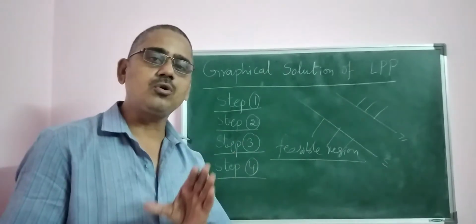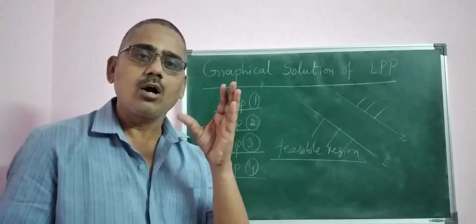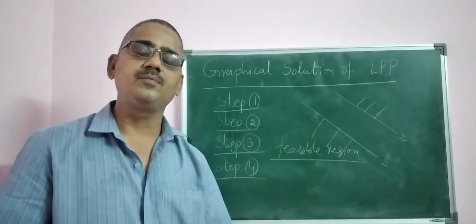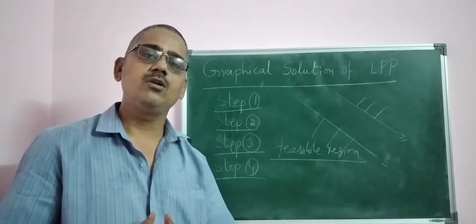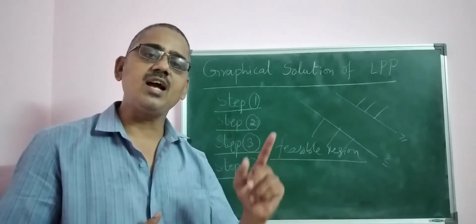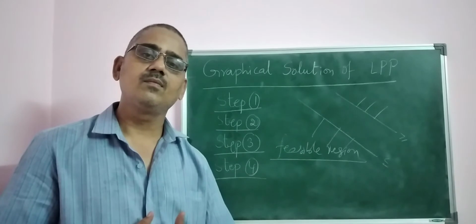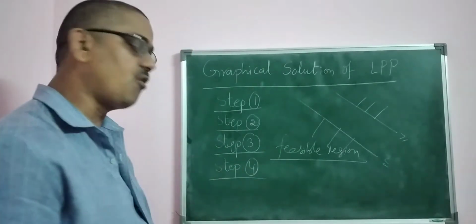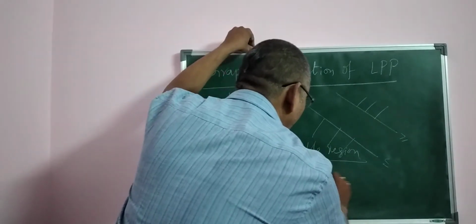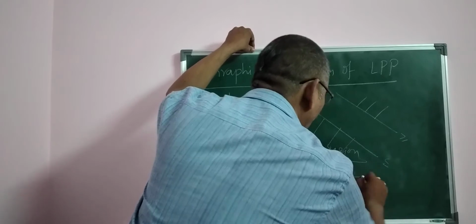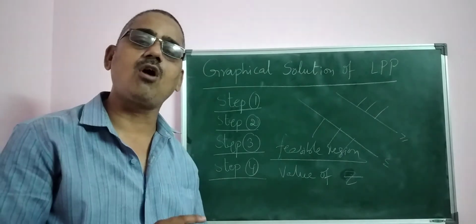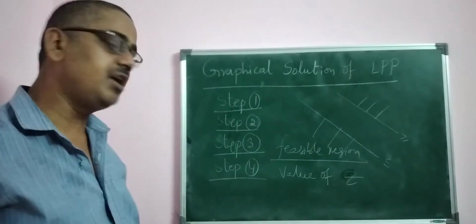So you get the extreme points of the feasible region, and then calculate the value of objective function z at each and every extreme point, corner point. That is what we are doing in step 4.